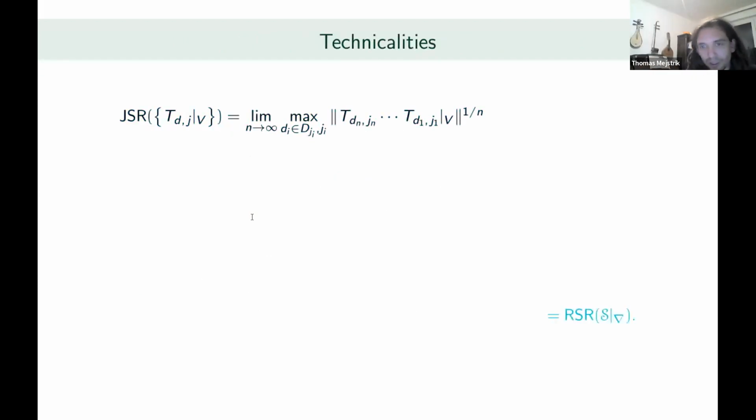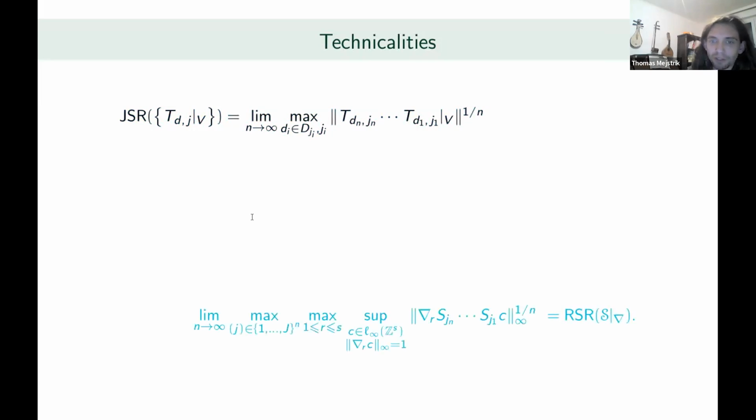Okay, what is the restricted spectral radius? The restricted spectral radius just measures the differences of consecutive numbers in the sequence we are generating. So nabla R is the directional difference operator.